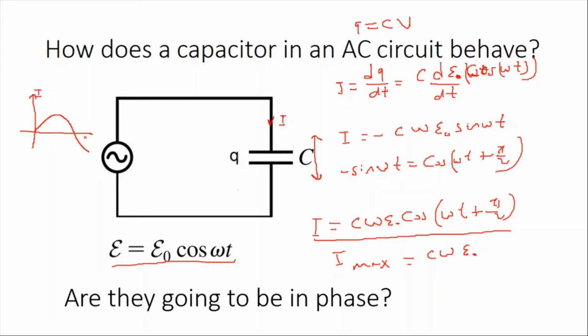At the beginning there is a rate of change of current. It has a very high current flowing onto the plates of the capacitor because there is no charge on the plates, and then it will decrease with time. And for the voltage across the capacitor, we know that voltage is equal to Q over C.